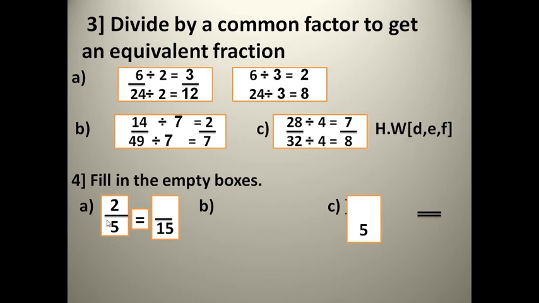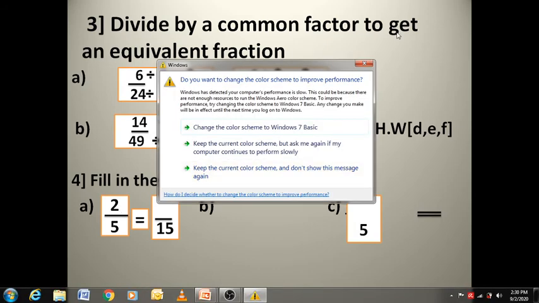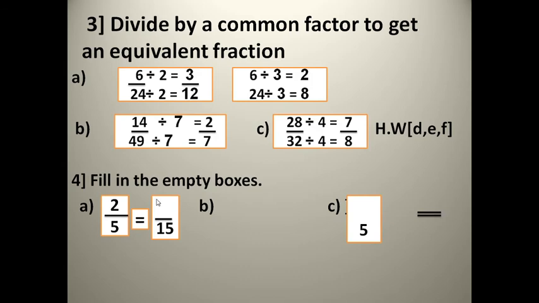So what do I do with 5 to be 15? From a small number to a big number, it means we multiply. So I multiply 5 by 3 to be 15. So I should multiply also by the same number, 3. So 2 times 3 will be 6.